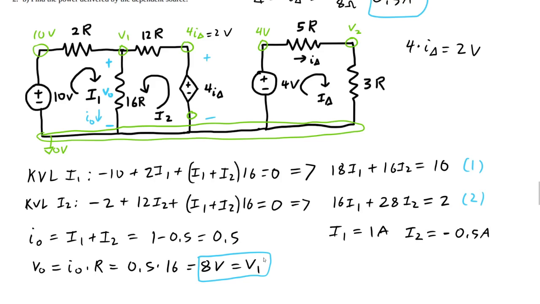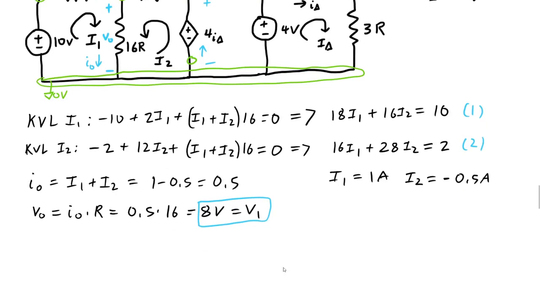Basically, all we have to do is P equals IV. So if, let me write down that, this current, I'll call it I1. It's also the mesh current.